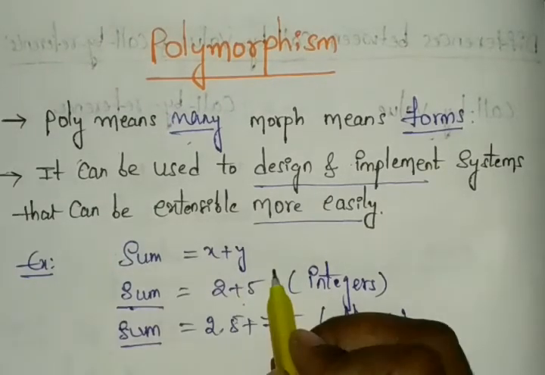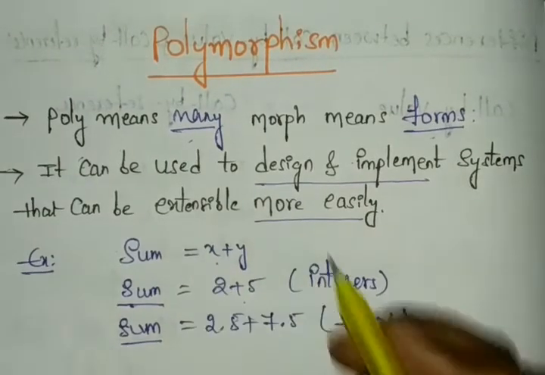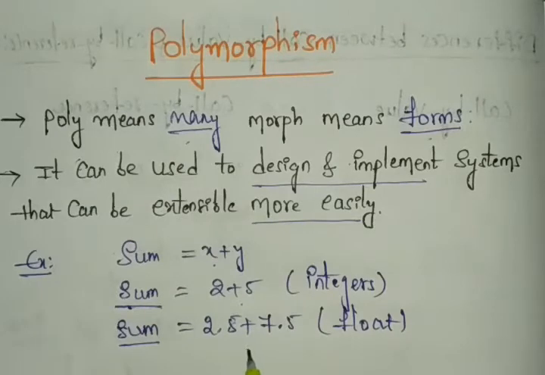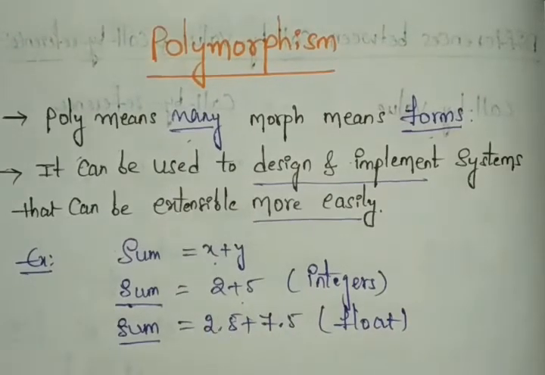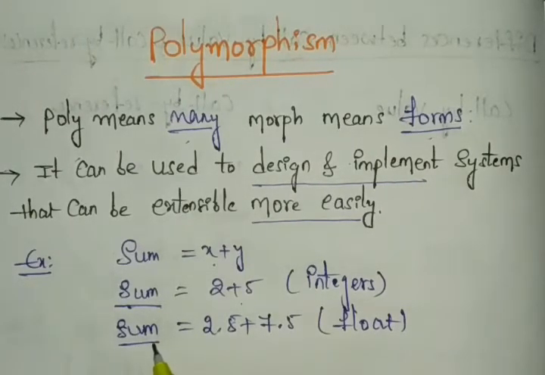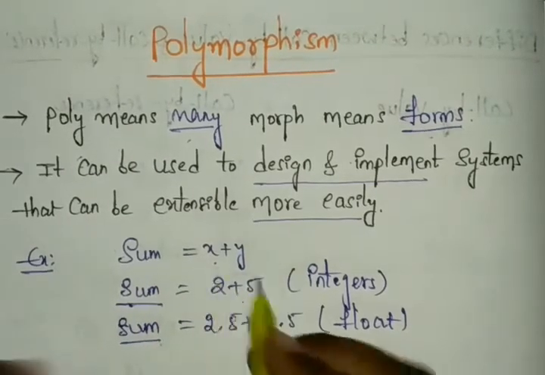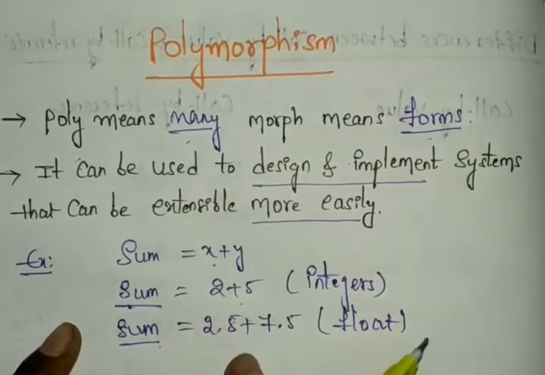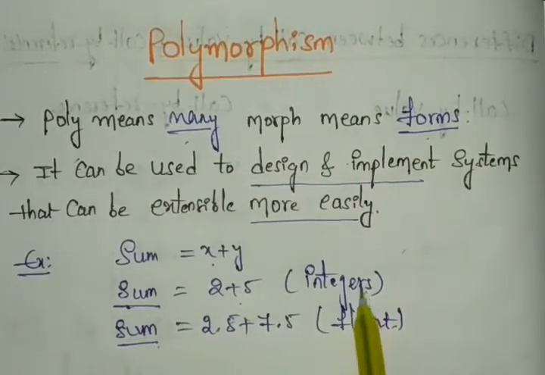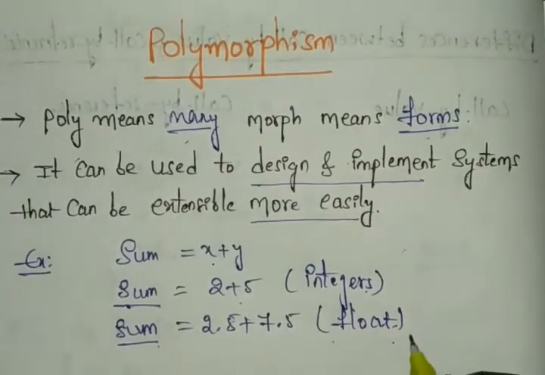If you're passing integers to the variables, the sum will be an integer. If you're passing floating point numbers with fractions, then that is our sum value. So the sum value depends on what values the user passed. In the same way, the sum works like an integer or a float. Integer is one form and float is another form.